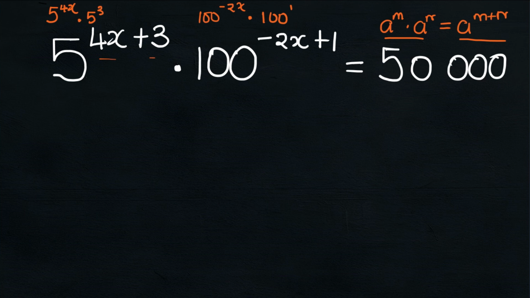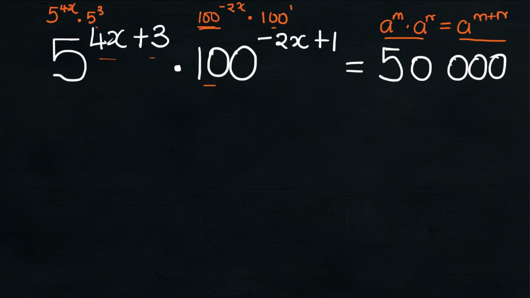However, the problem going forward is that you still have to break down 100 so that it can have a direct relationship with the base of 5. So it is better for us to do that at an early stage so that we don't have a problem going forward. So we're going to need to create a base of 5 out of this 100.